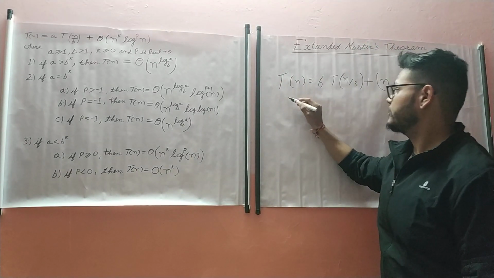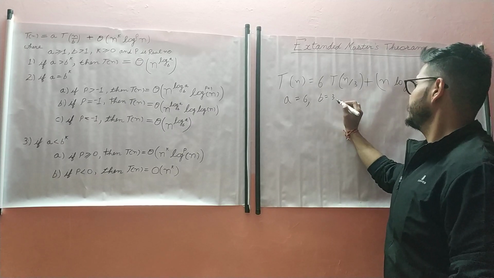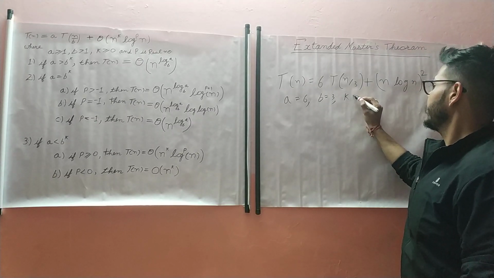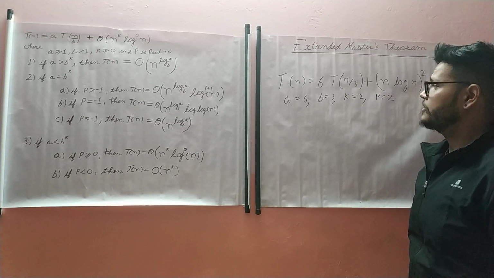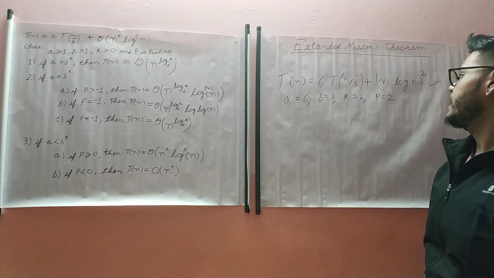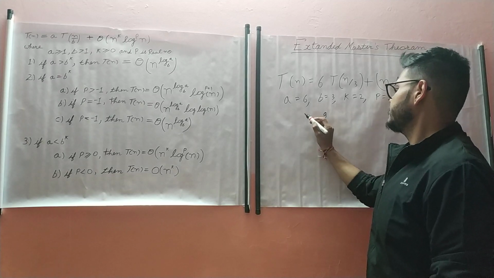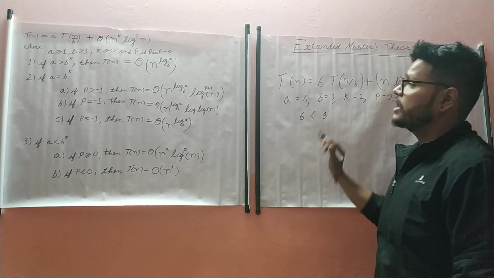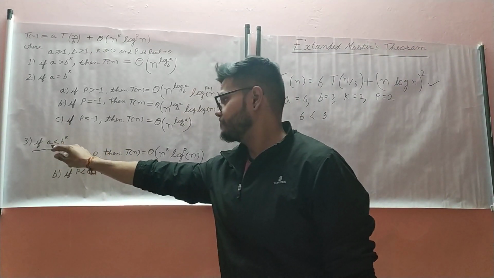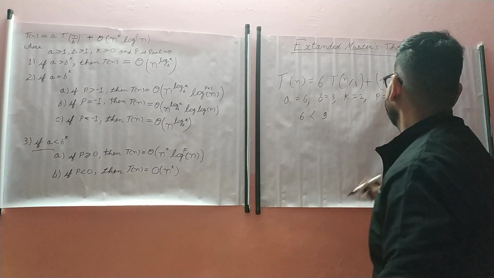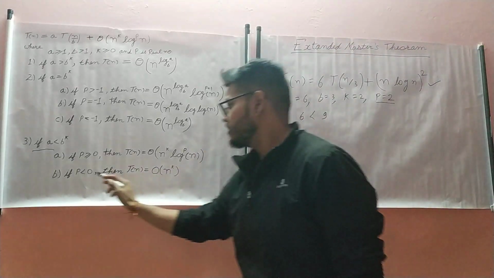So we get a = 6, b = 3, k = 2 and p = 2. Now we will compare a and b^k. So b^k is 9 and a is 6, so b^k is more than a. Now we will check the value of p. p = 2, so again this one.